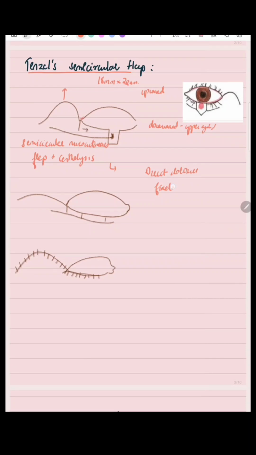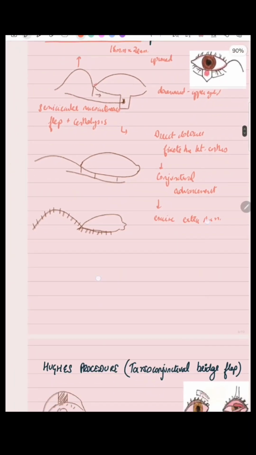Fixate the lateral canthus. Conjunctival advancement is done and excise extra skin. That is the tensile semicircular flap.